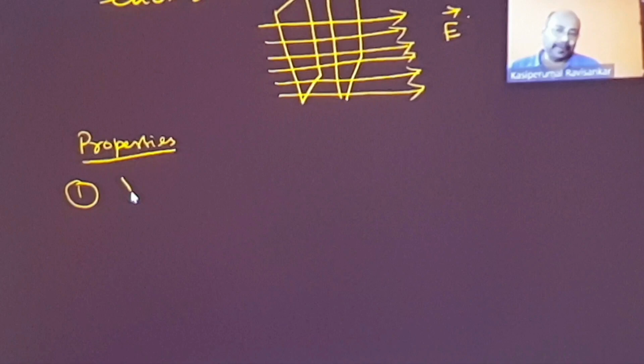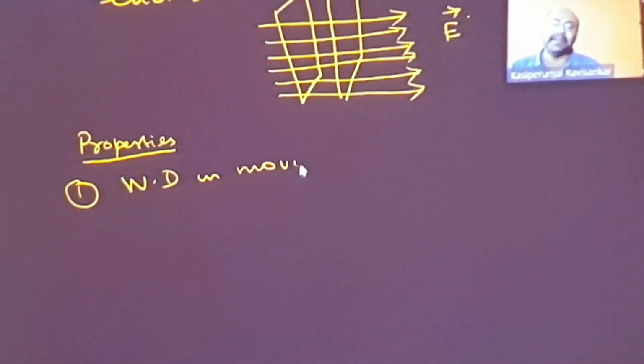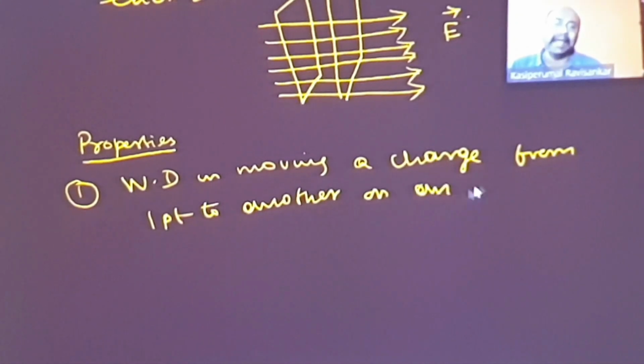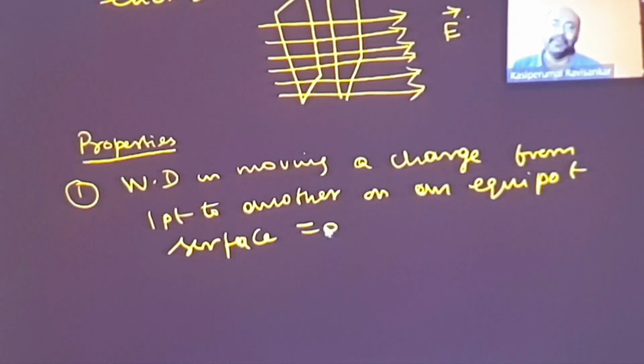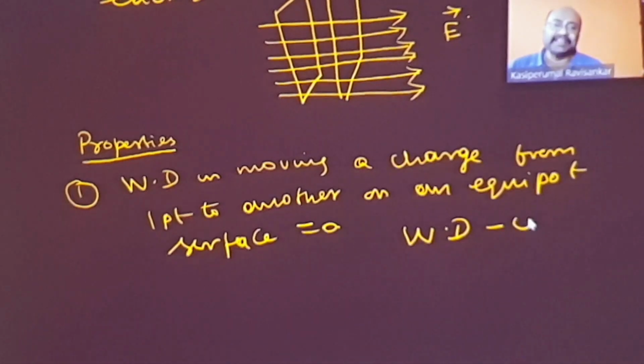We can write it like this: work done in moving a charge from one point to another on an equipotential surface is equal to 0. What does it mean? Work done in moving a charge is equal to 0. That is the concept.